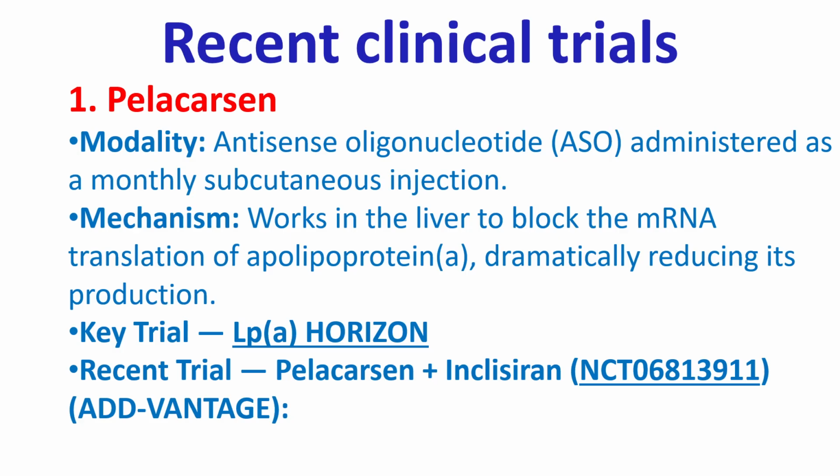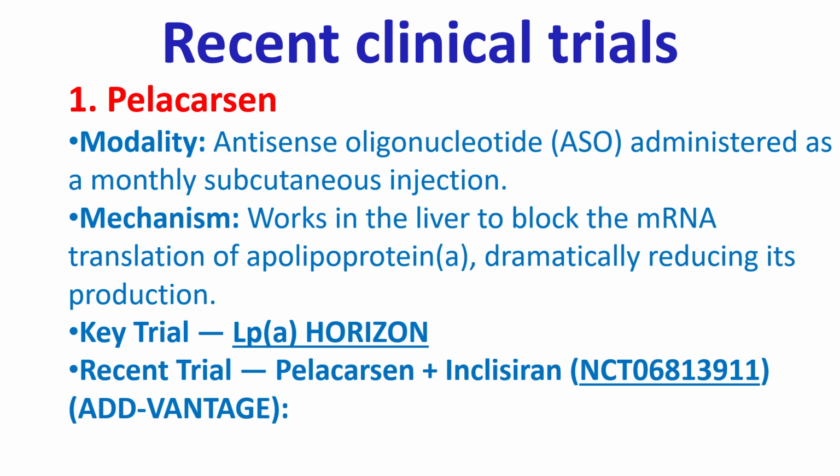Here is a summary of the most significant recent and ongoing clinical trials for LPA-lowering therapies. 1. Pelacarsen, an antisense oligonucleotide administered as a monthly subcutaneous injection, works in the liver to block the mRNA translation of apolipoprotein(a), dramatically reducing its production.